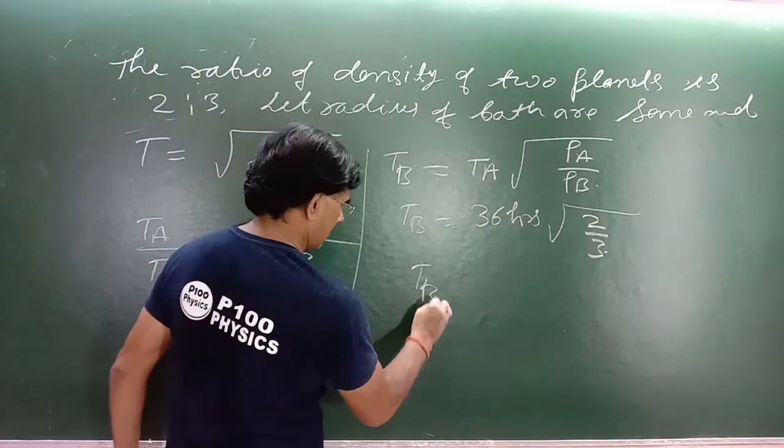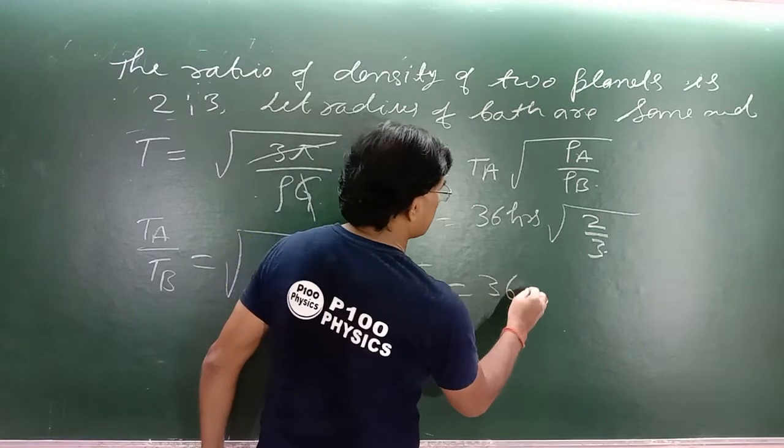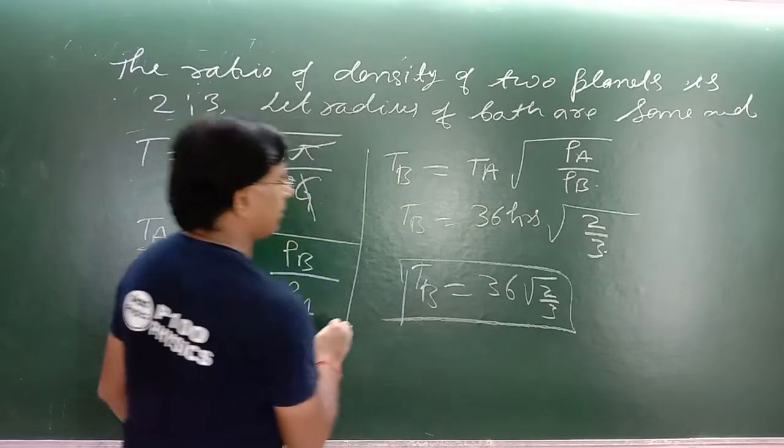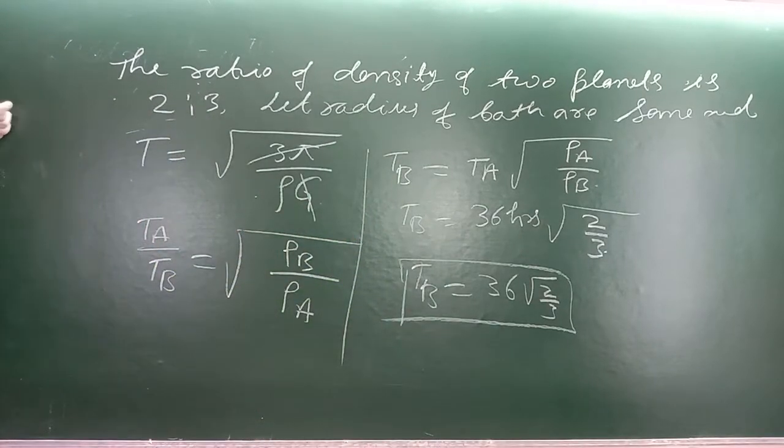The answer will be T_B equals 36 under root 2 upon 3. This is the answer.